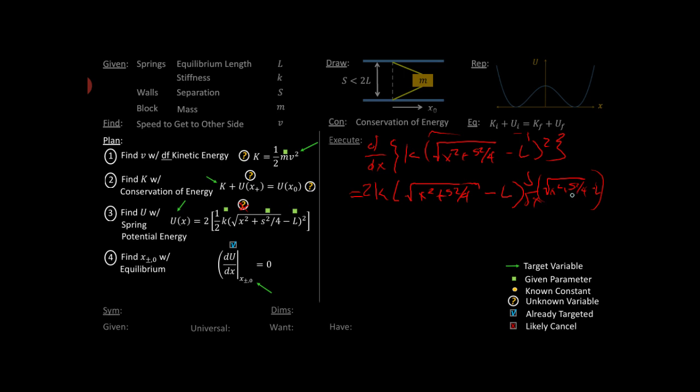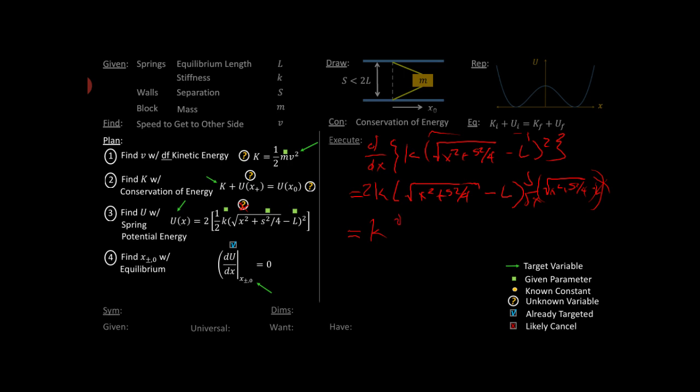I've got 2 parts to this next derivative. The second part is the derivative with respect to L, which is a constant, so that's going to go away. The first part is going to give me 1/2 times 1 over the square root. So that 1/2 is going to get rid of that 2.